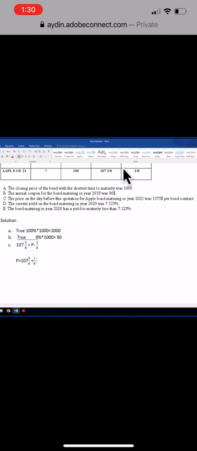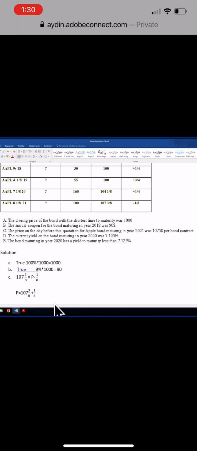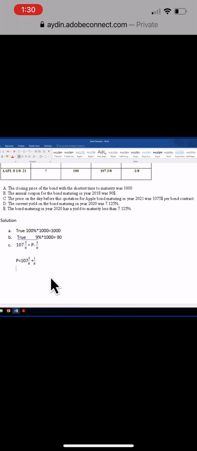So here we deal with the normal ratios. We find the common denominator, it's 8. And because this is a common denominator, we now add the numerators. 3 plus 1, it makes 4.